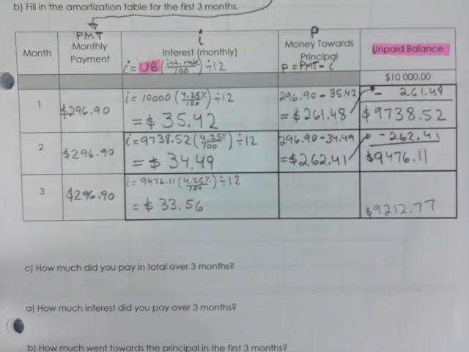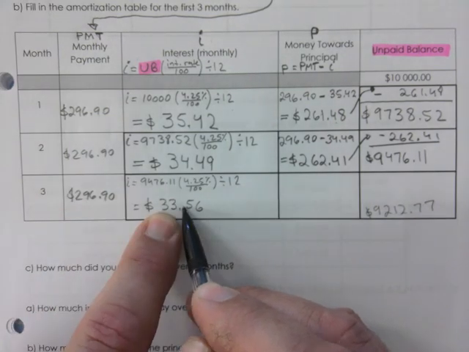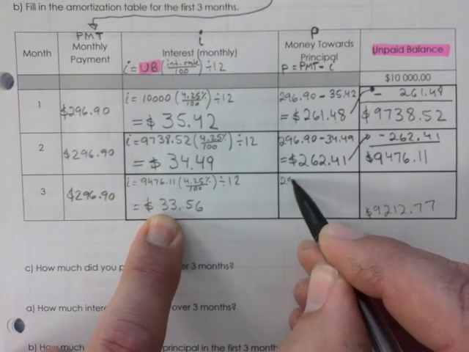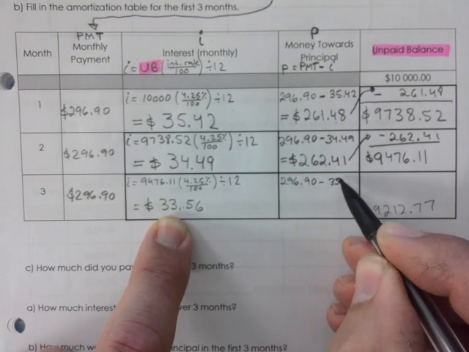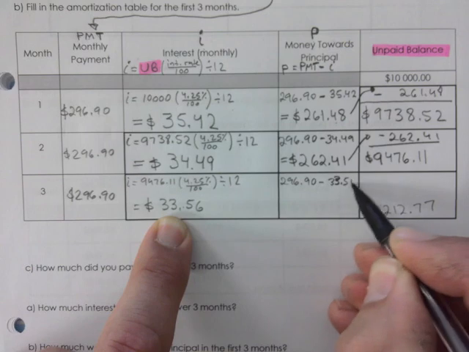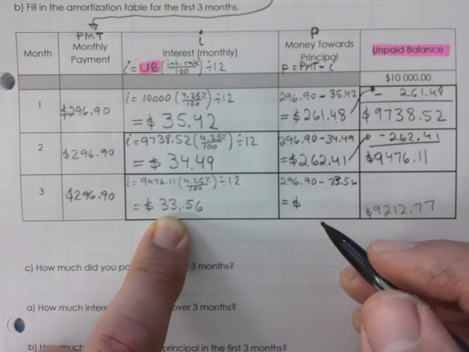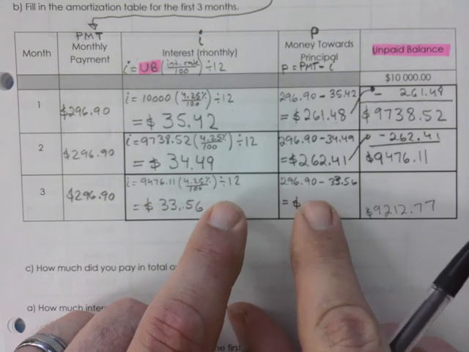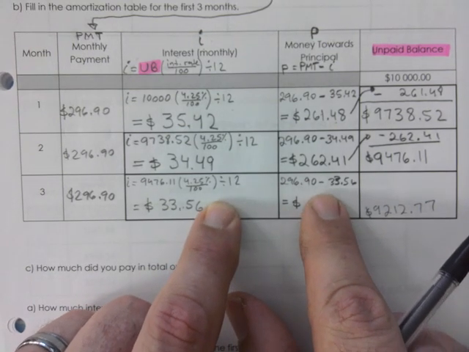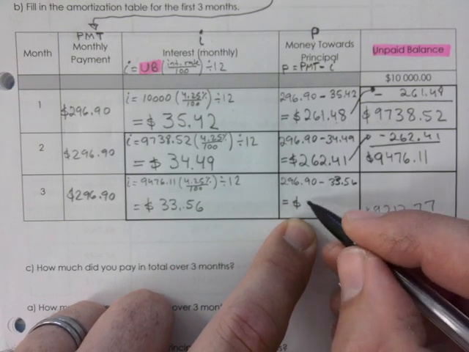And then once you have this, right, this minus that, so you go 296.90 minus 33.56. I would like you to just, maybe you won't remember every single step, even when you graduated, but I think if you know that your payment breaks down into two pieces, I'd like you to remember that.